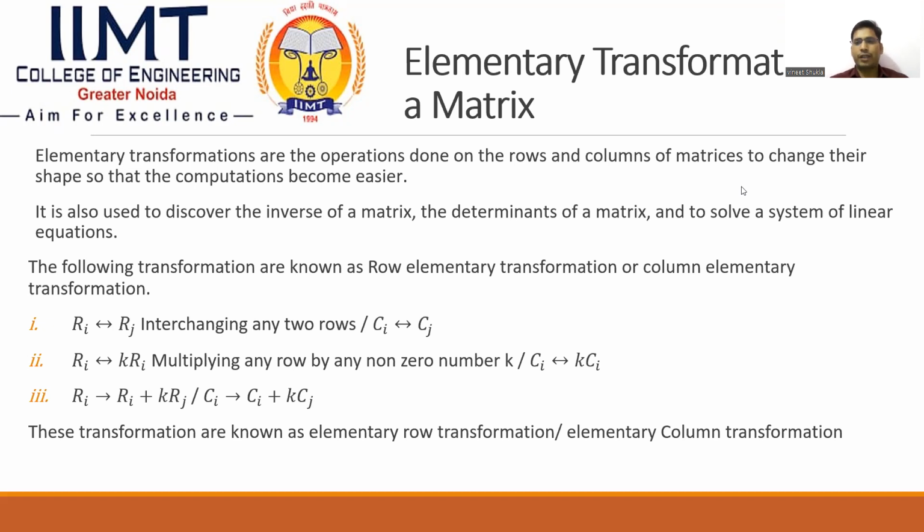And third is Ri to Ri plus kRj, that is, multiplying a row by a non-zero constant k and then adding it to another row Ri. All these operations are known as row elementary operations, and likewise the column elementary transformations.